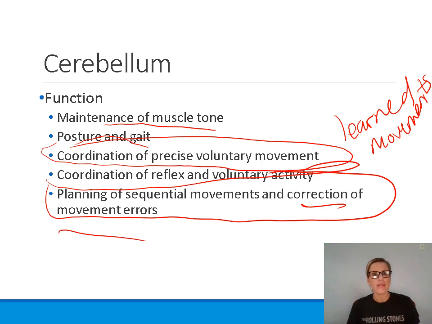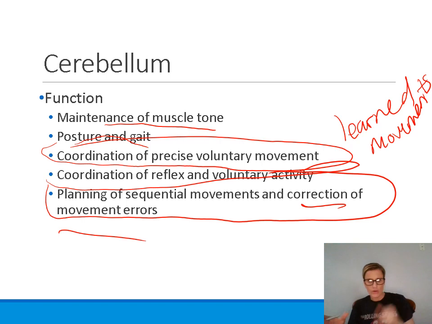And the cerebellum comes up with changes that should be made to the movement, and it relays that information up to the cerebral cortex. So it's got information coming in from the spinal cord, it's got information coming in from the cerebral cortex, and it takes all of that information and integrates it, right?